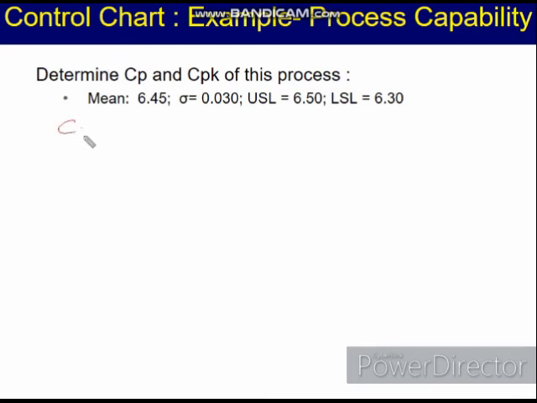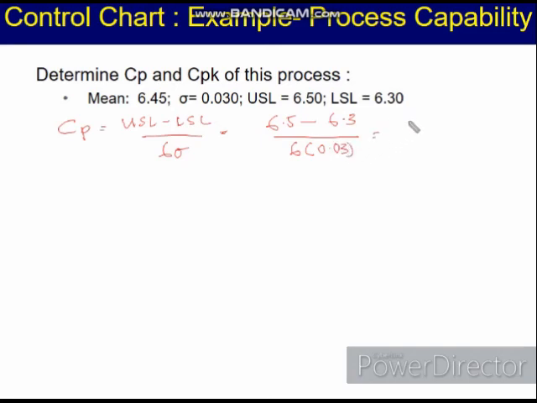CP is equal to the upper spec limit minus the lower spec limit divided by 6 sigma. So the upper spec limit here is 6.5, the lower spec limit is 6.3, divided by 6 standard deviations, 0.03.